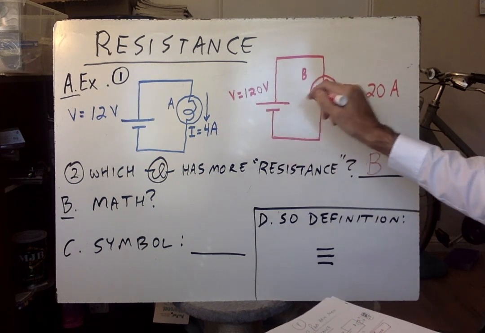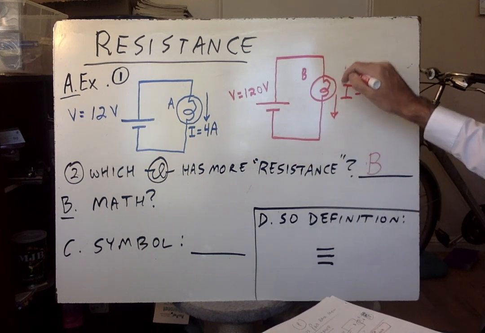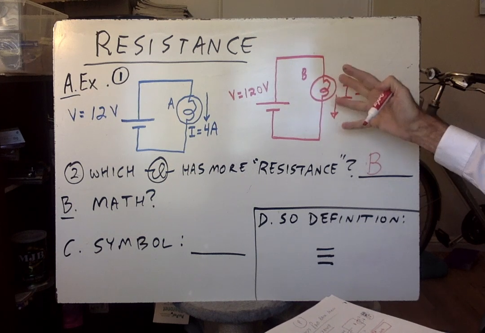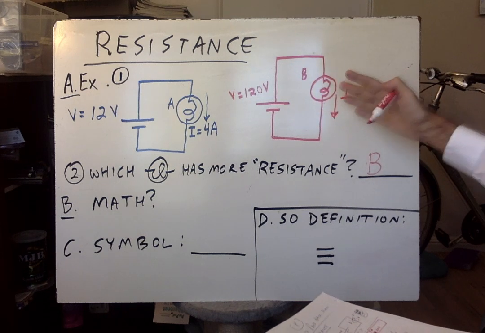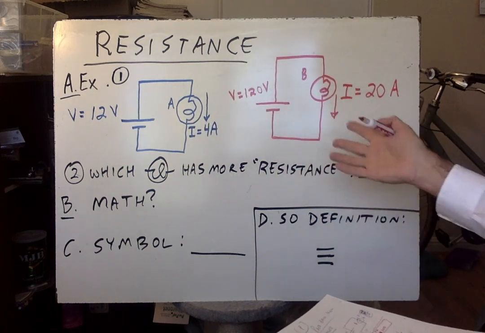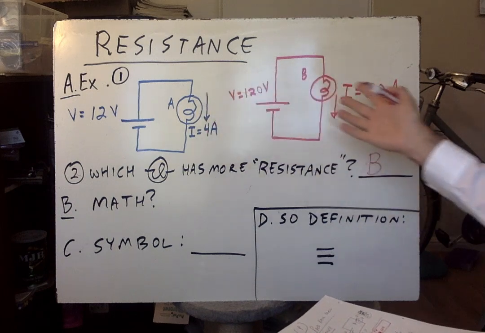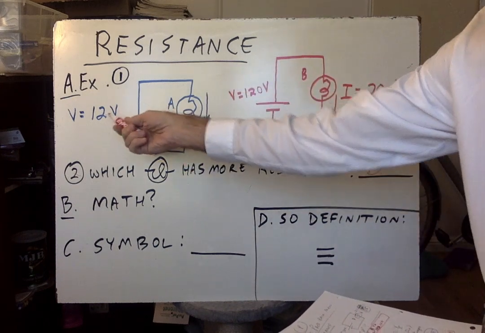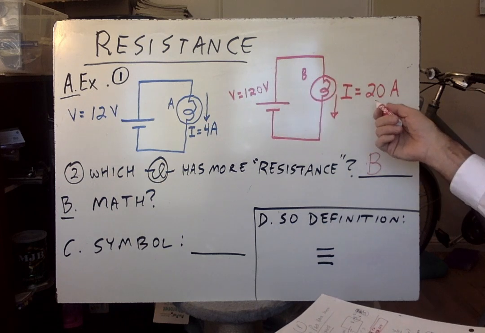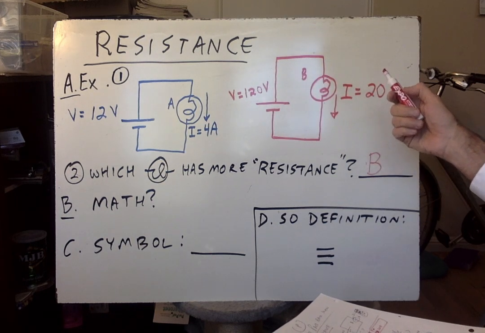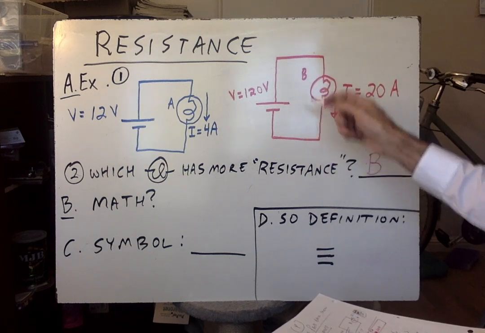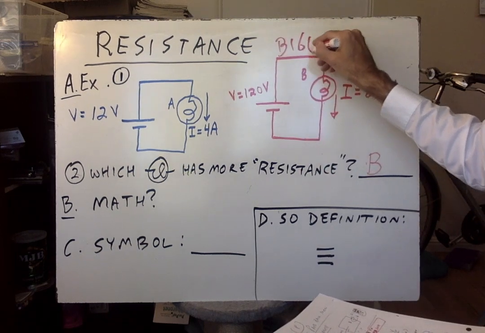In other words, if this light were the same, we would expect it to have 40 amps, but it has less, so it must be resisting the current, the voltage, more than that one is. All right, what math would you do? If you look at these two circuits, think about what math you could do with these two numbers, and then do exactly the same math operation with these two numbers so that we get a number that's bigger for the red one, for light B, because this one has the bigger resistance.